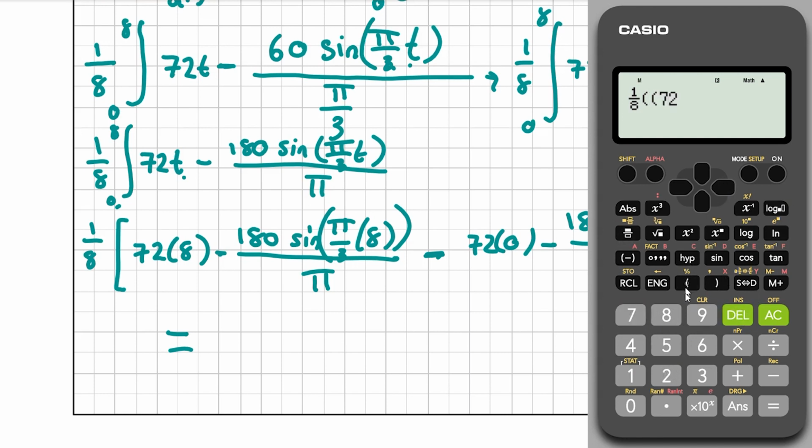So 72 multiplied by 8 minus 180 sine pi over 3 multiplied by 8, divided by pi, and then we're going to take away 72 multiplied by 0 minus 180 sine of 0, divided by pi.